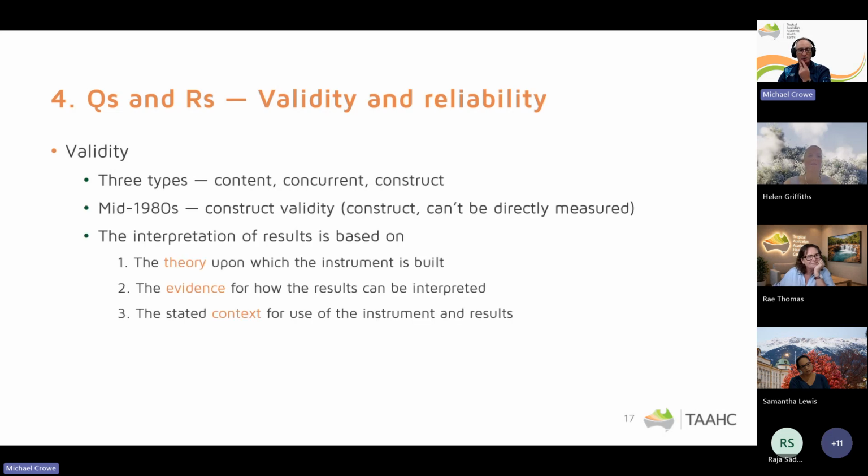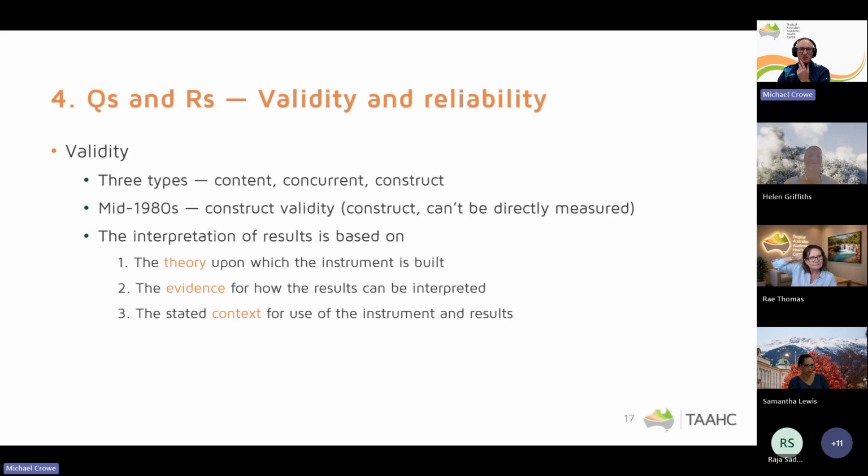Back in the mid-80s, about 40 odd years ago, the American Psychological Association, along with the education department in the US, decided that there was only one type of validity, and that was construct validity. Yet everyone has three. I don't know. People are slow to learn.